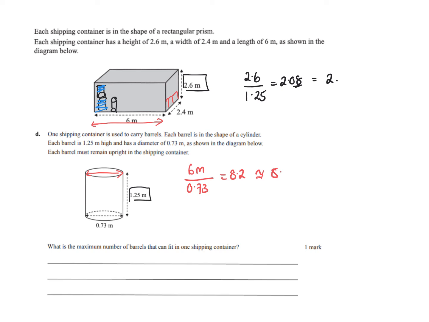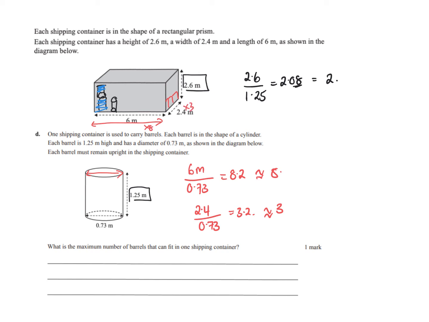So we need to see how many can go across that way, which would be 2.4 divided by 0.73, and we get 3.2. We have to round down all the time for this, so 3, because we can't put a half barrel. It's just going to be a full one or nothing. So we can get 8 across here, and then we can get 3 across here.